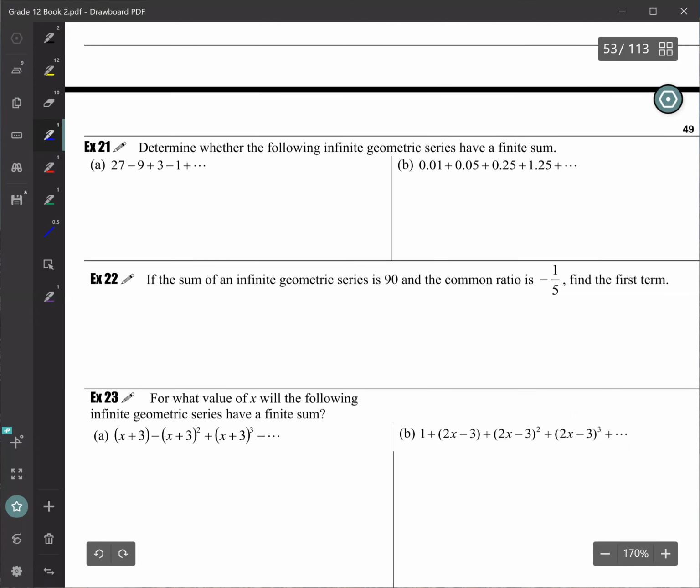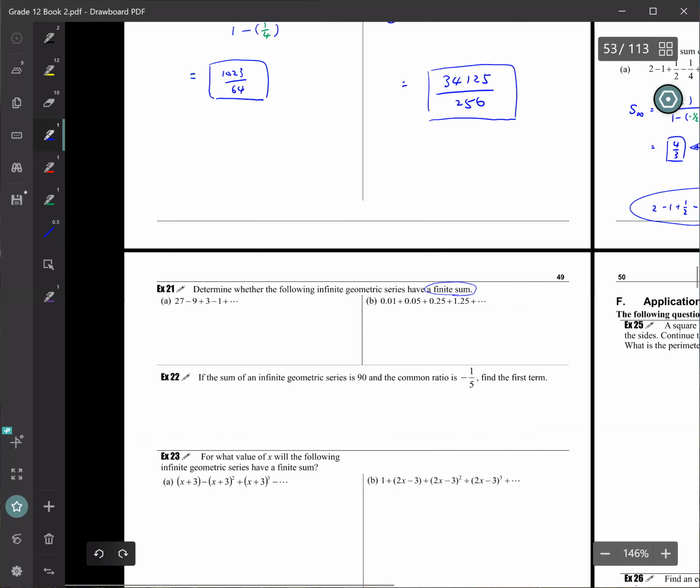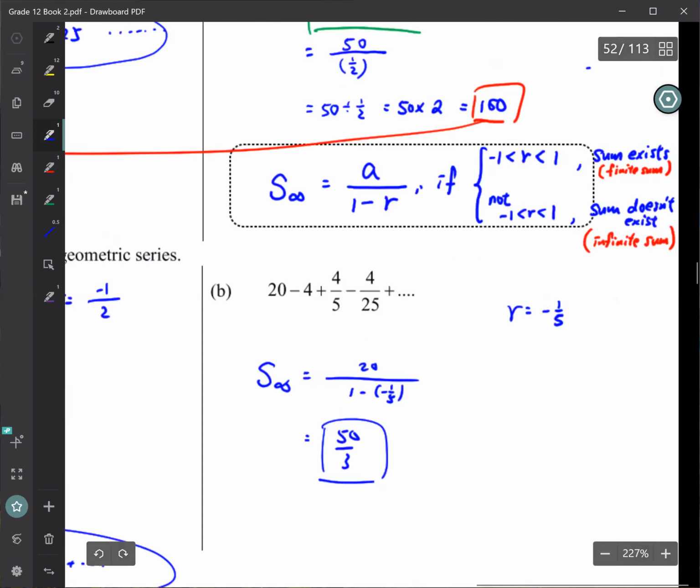This part is not asking you to find the sum. Let's look at the question. Question 21. Determine whether the following infinite geometric series have a finite sum or not. So you want to check yes or no. Does it have a finite sum? You need to think about what we said here.